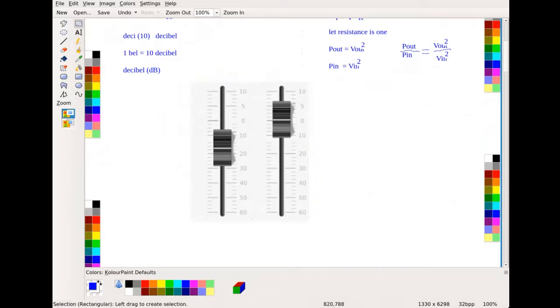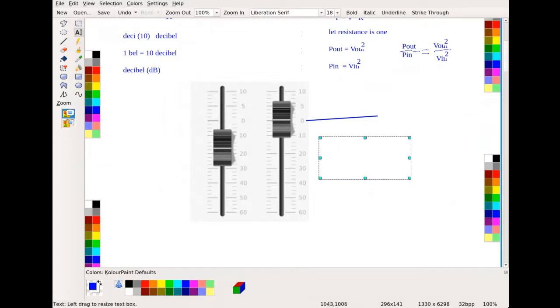So what you see here is the 0 mark right here. A lot of times they'll have a negative sign in here, so anything below this is in decibels. That 10 is actually minus 10 dB.